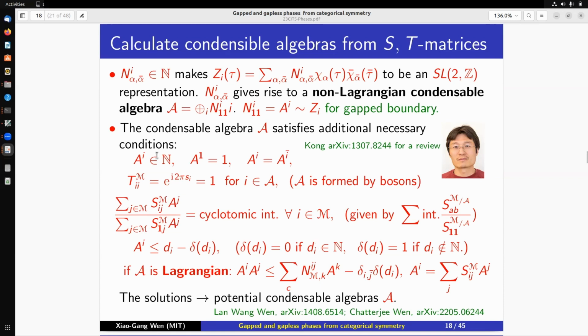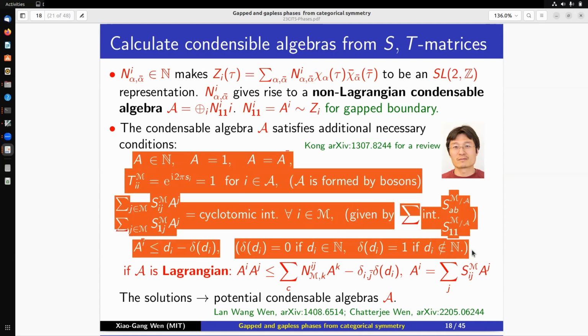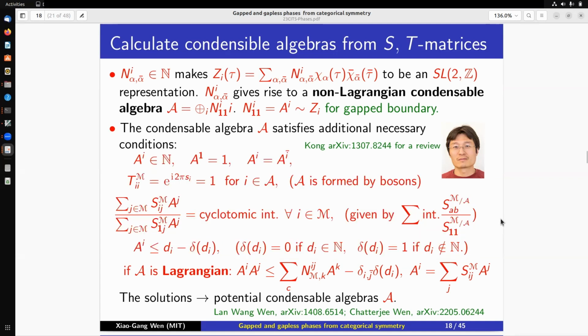And so here I try to collect the conditions I can collect. They are necessary, may not be sufficient. So far so good. Actually, when I try this using S3 symmetry, I will get a non-maximum condensable algebra. But since I don't get an actual one, for the simple case maybe this necessary condition is enough. But certainly it's desirable to collect more conditions to determine this A completely.